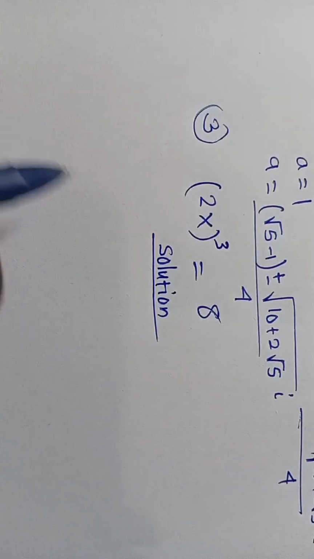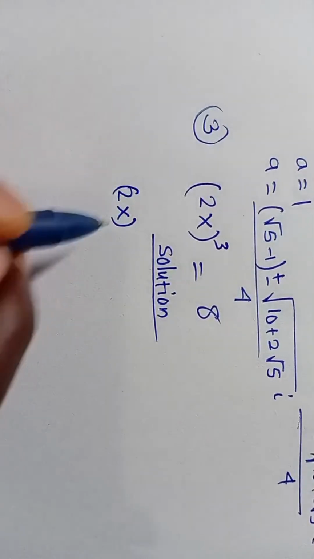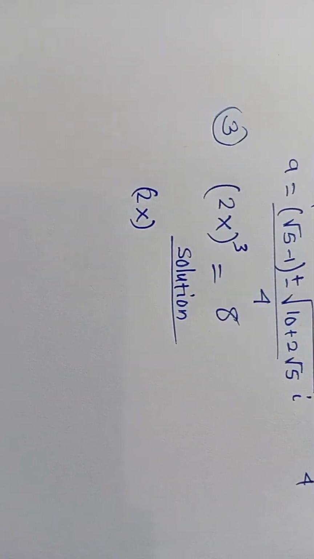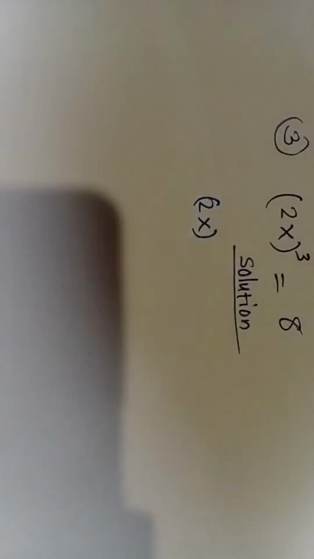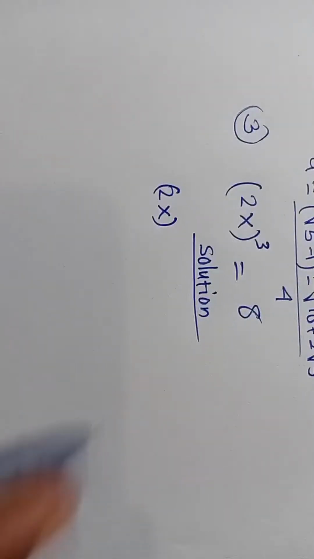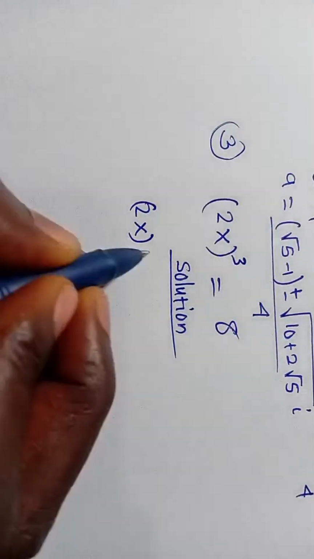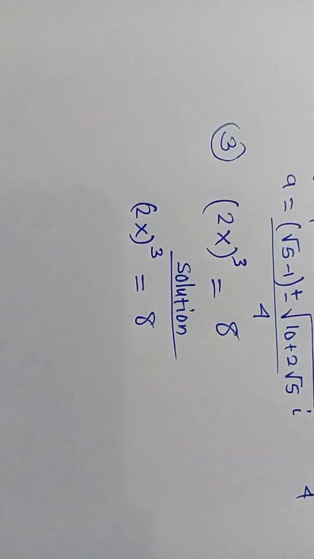Now, from here we have 2x to the power of 3 equals 8.